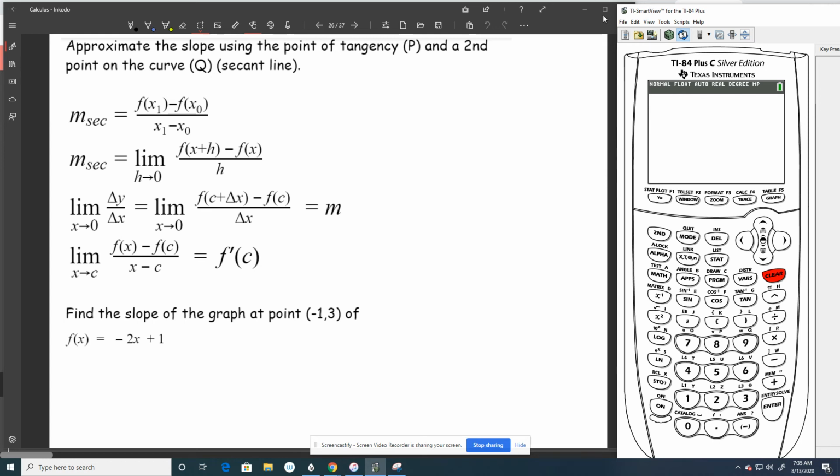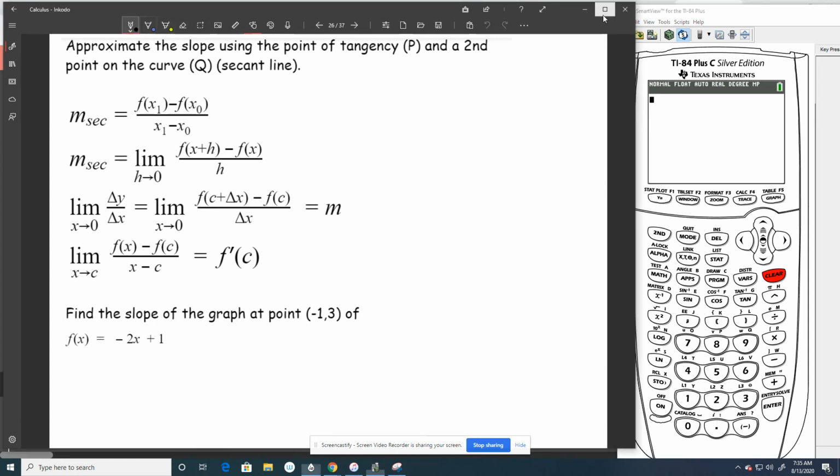The derivative is one of our first big topics here, it's really a giant topic in calculus. A derivative is really helping us find the slope. When we're looking for derivatives, what we're dealing with is slope. But what the derivative is actually doing is not just helping us find a slope.